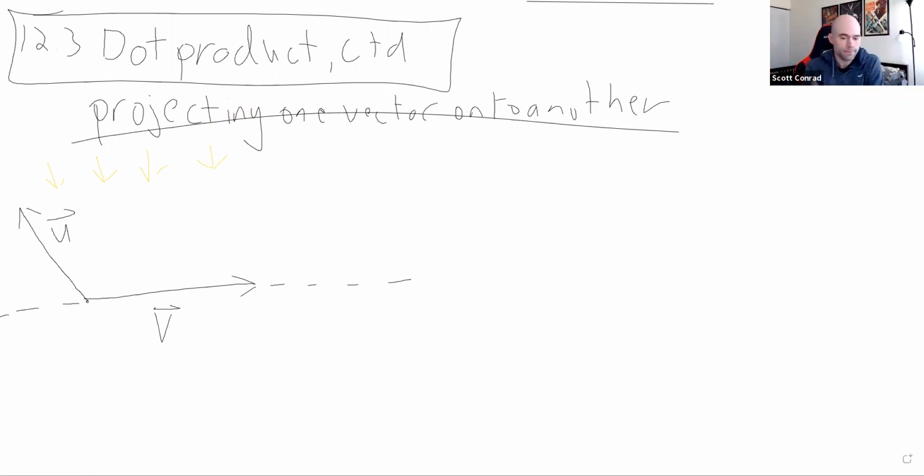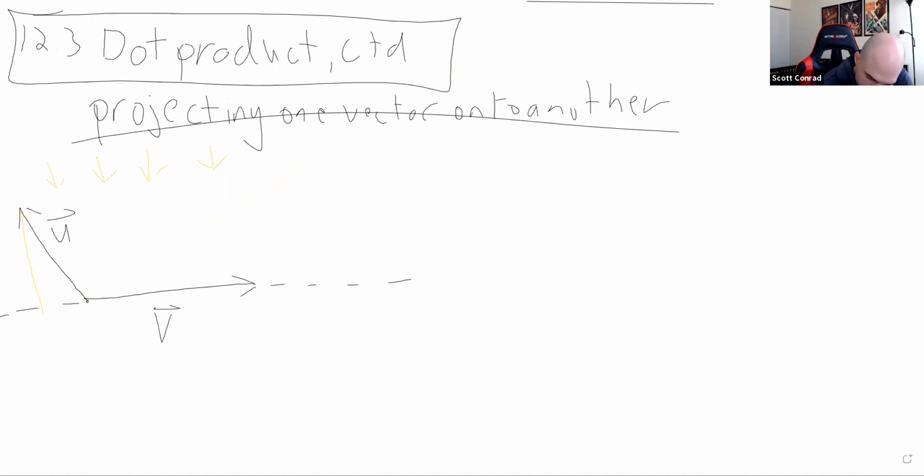So look at the shadow that is going to be cast by U onto the ground, right? The line containing V. So here's the tip. And then if we look at the vector which starts, good Lord, it's bad today.